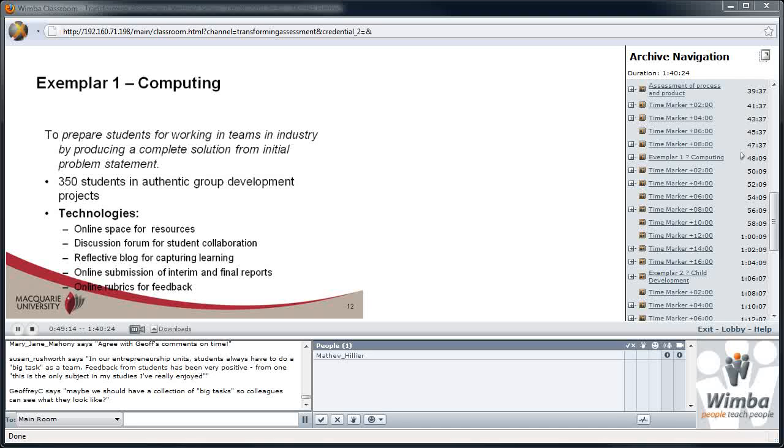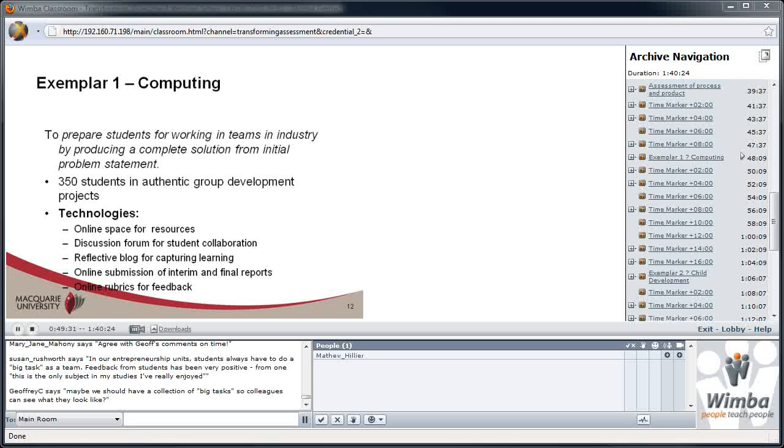So, yes, that's a good comment. Maybe you should have a collection of big tasks so colleagues can see what they look like. That's what we've been working on here. We've had Professor Angela Brew working on our project, getting students to do the big tasks.